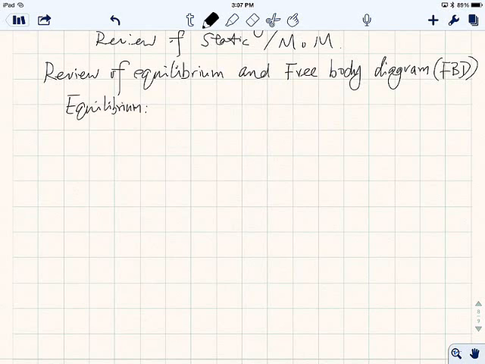Basically, it tells us to assume there's a material system to be studied that is motionless.